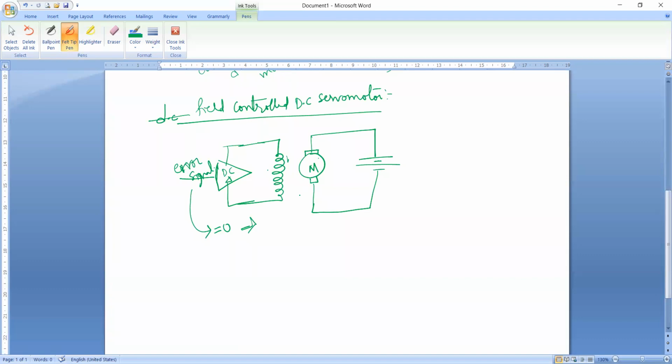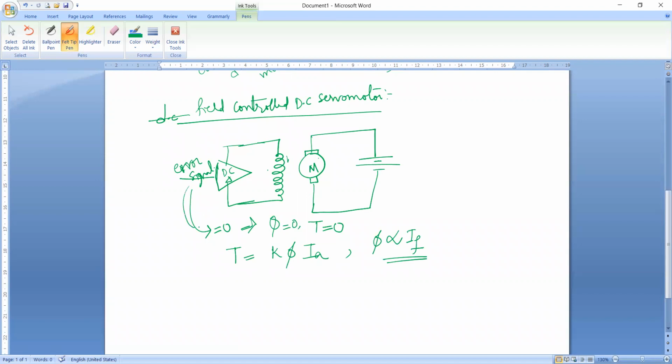So no field current means phi is equal to zero, and when phi is zero, the torque T developed by the field is also zero. Why? Because torque is equal to K phi IA, where IA is the armature current, and phi is directly proportional to the field current.